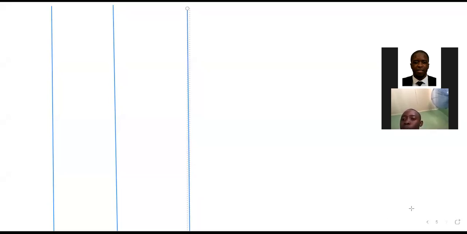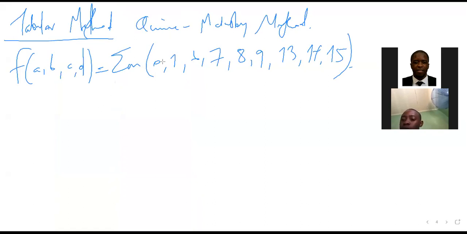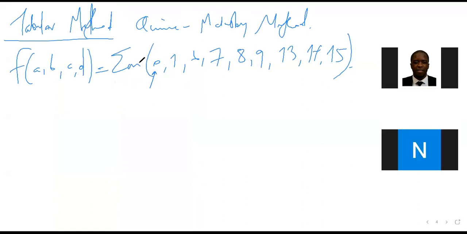We start with identifying the min terms. For the value 0, what is the min term? What is the min term for the first value in the notation? 0, 0, 0, 0.